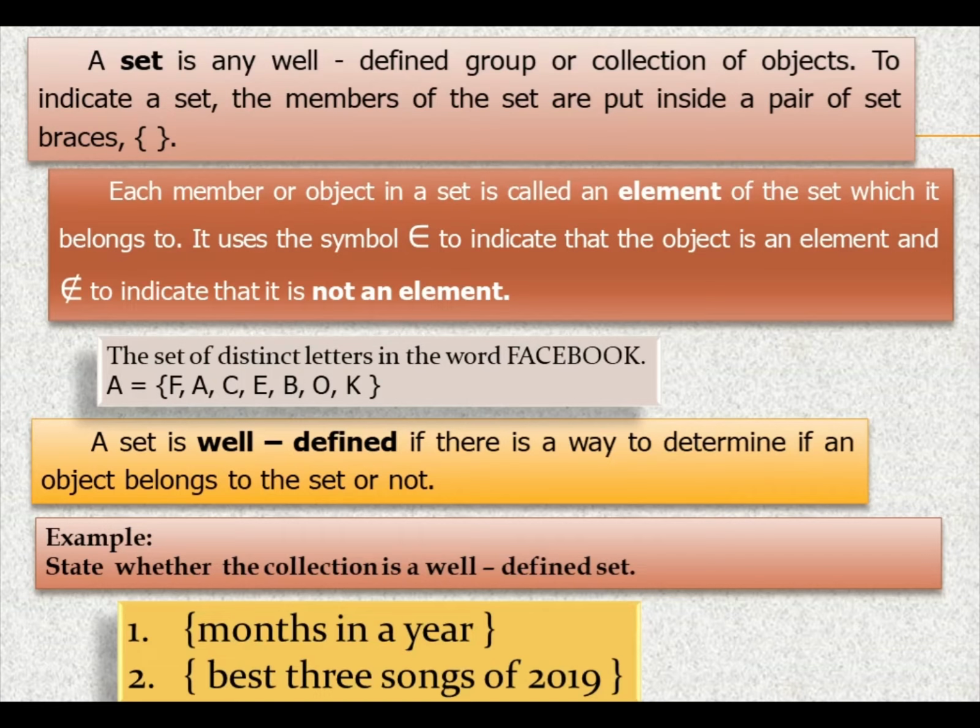In the first given, we can say yes, it is a well-defined set because we can name the months in a year: January, February, March, April, May, June, July, August, September, October, November, December. In the second given, it is not a well-defined set because some people may consider a song best for them while others do not.